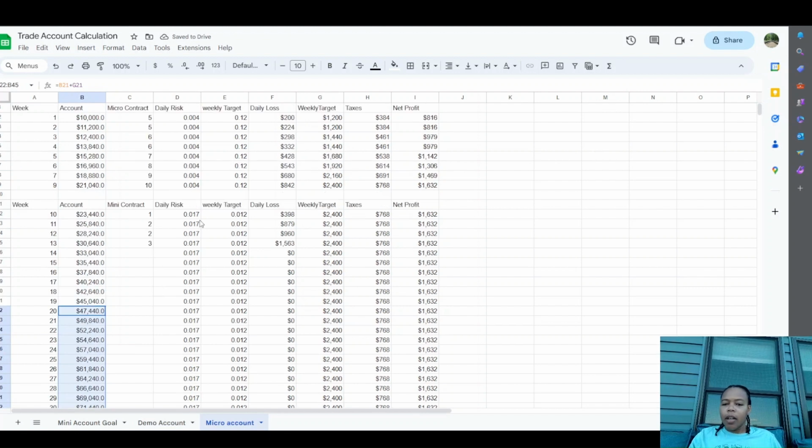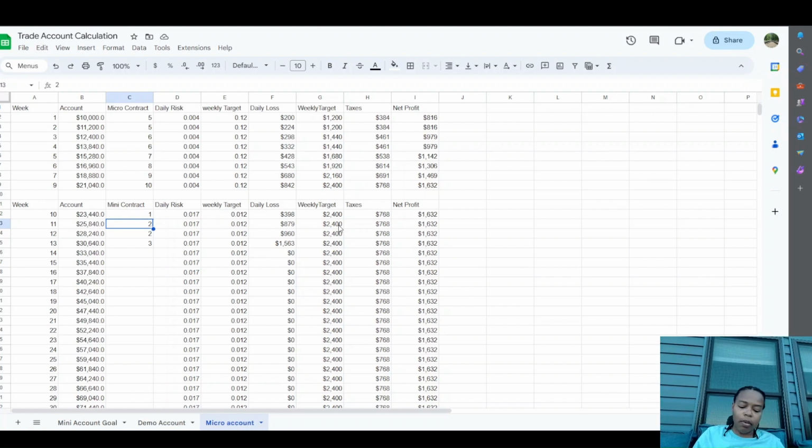All right, cool. All right, so 2 contracts, same scenario, 80 tick stop, 160 ticks. I'm using the Nasdaq as the example for this. So for 2 contracts, that would be $1,600 a trade times 3 trades.